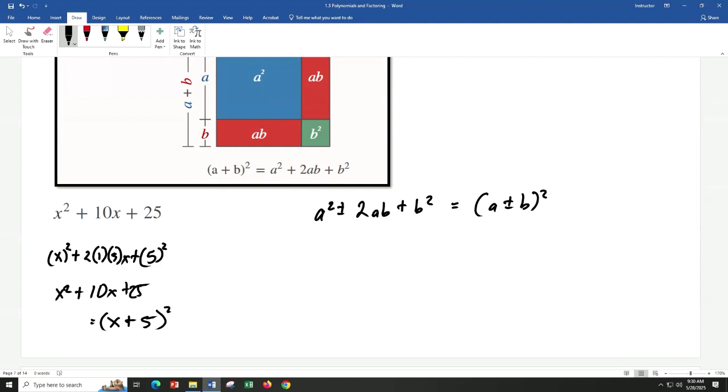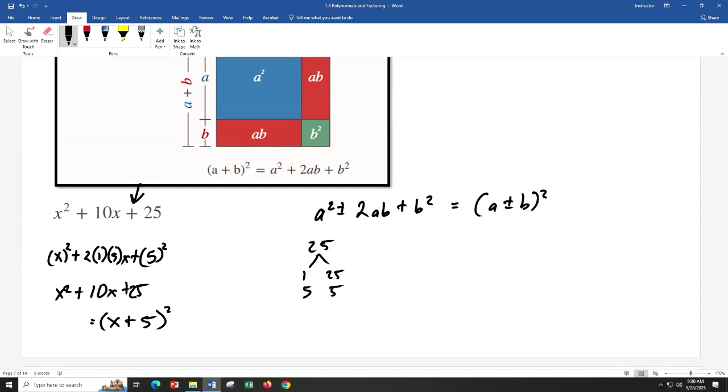Now, good news. If you don't see it, first off, practice it until you see it. It's going to help. The AC method works just the same way. You could have done the AC method on this and it worked just fine. Because look, 1 times 25 is going to give me 25. Long story short, I only really got 1 and 25 and then 5 and 5.